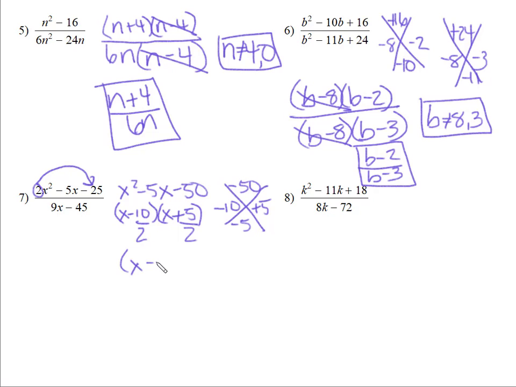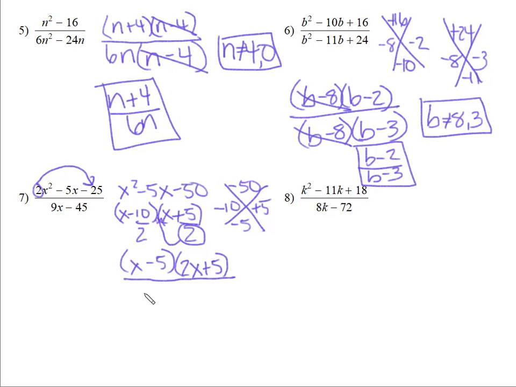If it reduces to a whole number, there's one of my factors. x minus 5 is one of my factors. If you get a fraction, you have to reduce it as much as possible, but this is as reduced as possible. And if there's still a denominator, you bring it up in front of x, hence the name bottoms up. So we end up with 2x plus 5. So these are the factors of that quadratic up top.